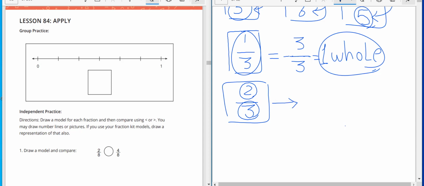This fraction 2/3 is a proper fraction because the numerator is less than the denominator.